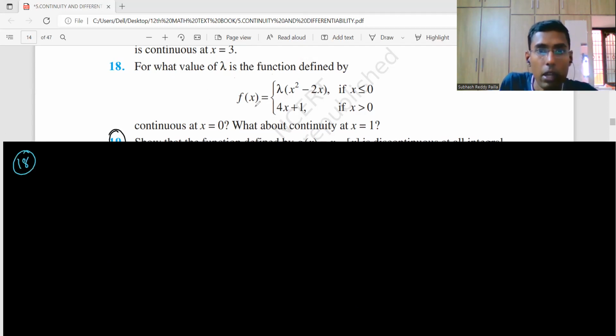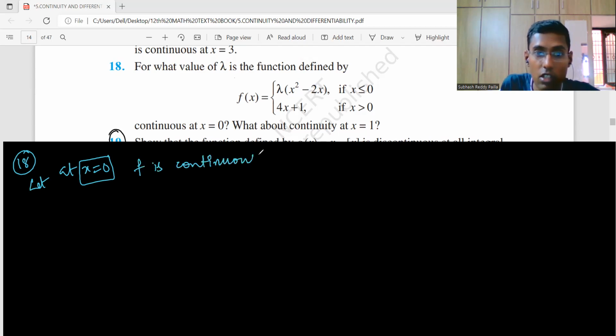For what value of lambda is the function continuous at x equal to 0? First question here, at x equal to 0, for what values of lambda is it continuous? Now let f be continuous at x equal to 0.